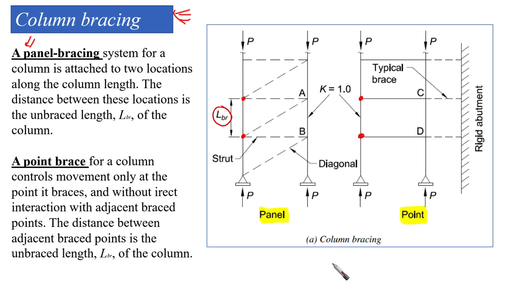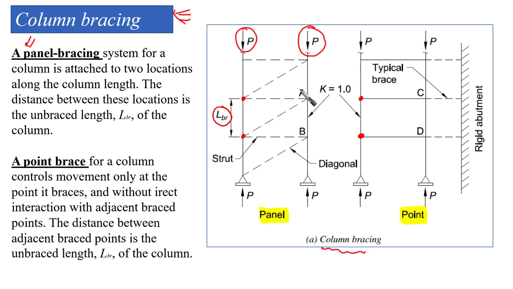Now let's have a look at this illustration of column bracing. We're going to find the differences here. So we have a frame, and on the column we have loads, which are vertical loads.